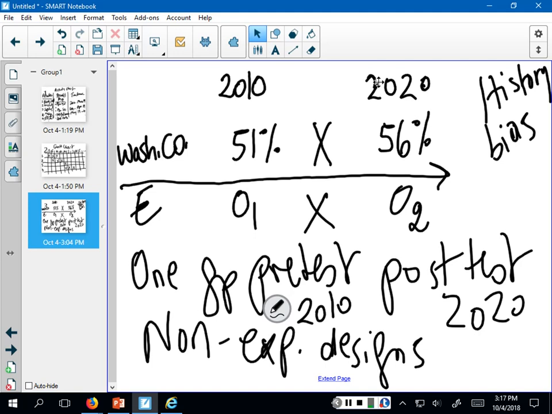It's a simple design, it's inexpensive, but it does not control over threats to the internal validity of our findings, again, such as history bias or other biases.